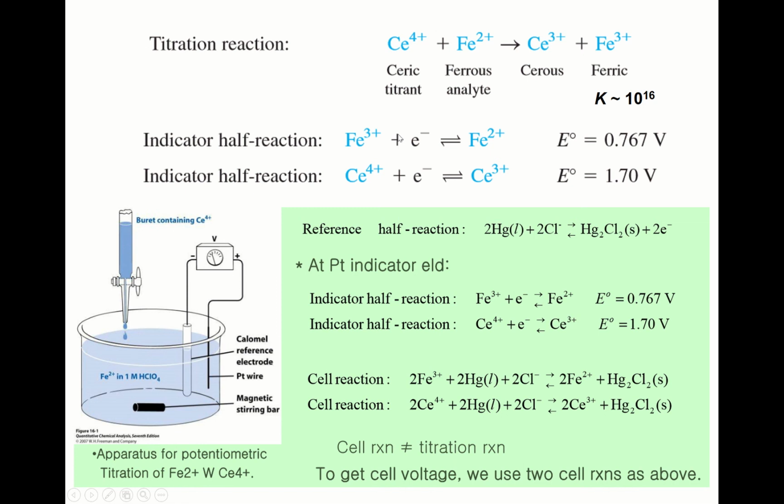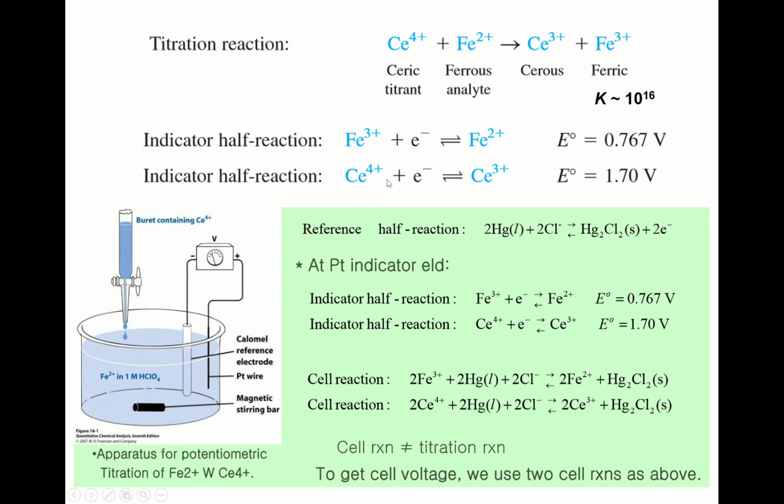Okay, let's consider the two half reactions. The first, let's write as usual the reaction in reduction form. This ferric ion accepts one electron to become ferrous ion, and the standard reduction potential from the appendix at the back of your textbook is 0.767 volt, but this one, the ferric ion, it is 1.7 volt.